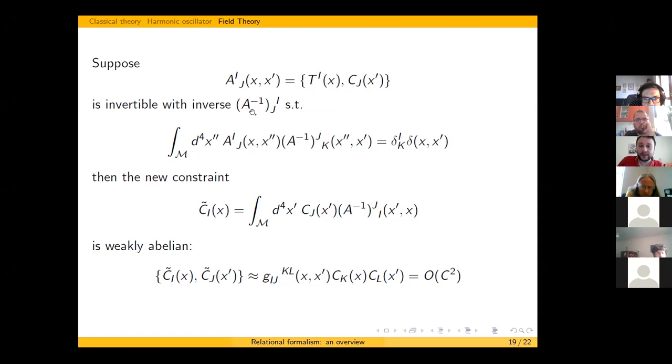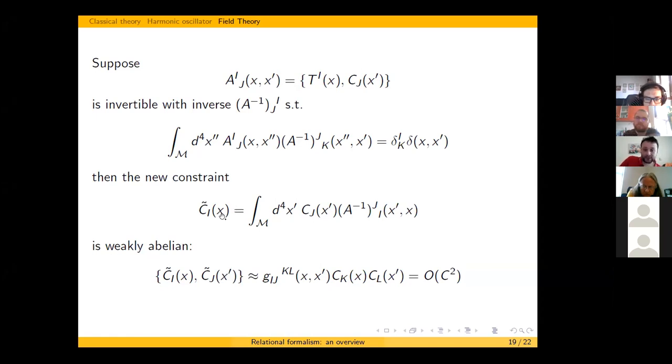I mean, A minus 1 is just the integral kernel satisfying this relation. If this is the case, then we can set the new constraint, and since it involves the Cj, this C also describes the same phase space submanifold, so they also vanish.